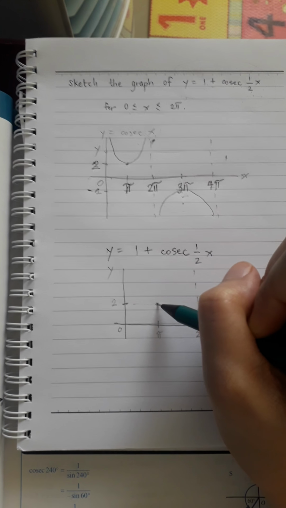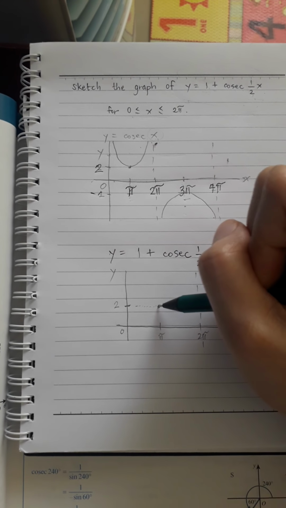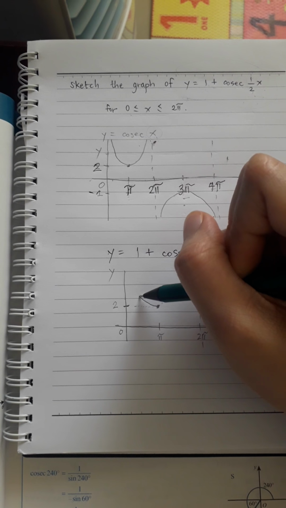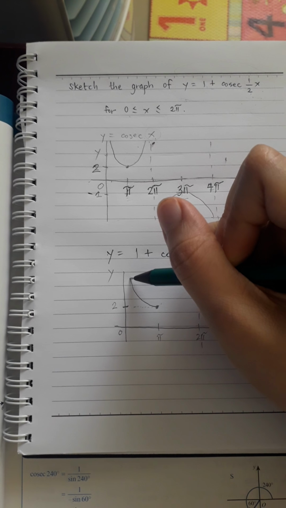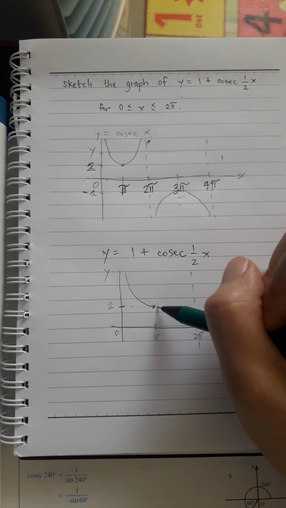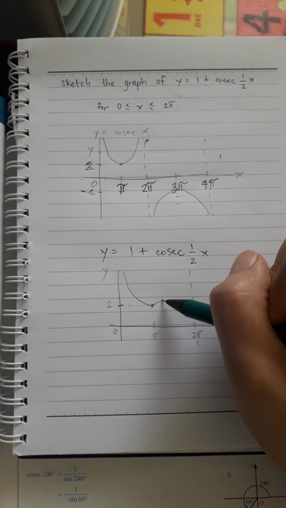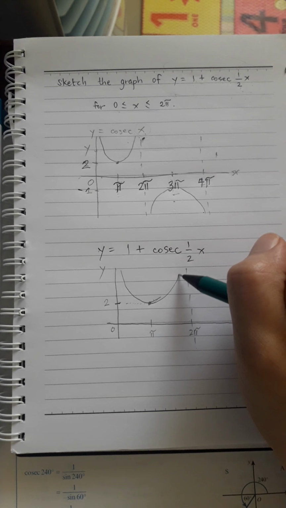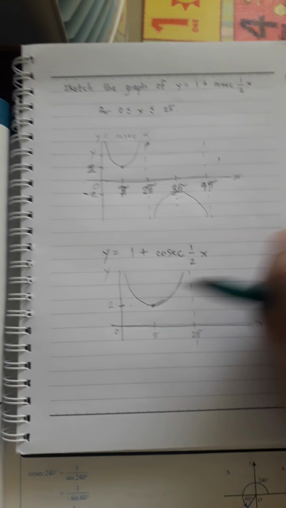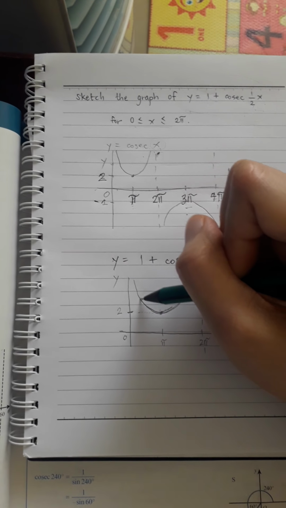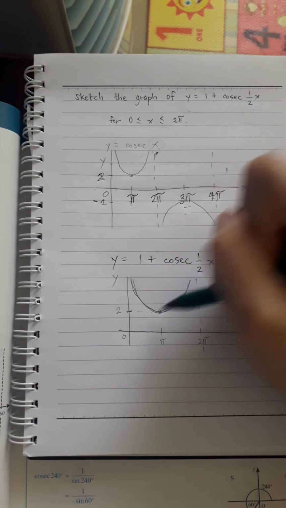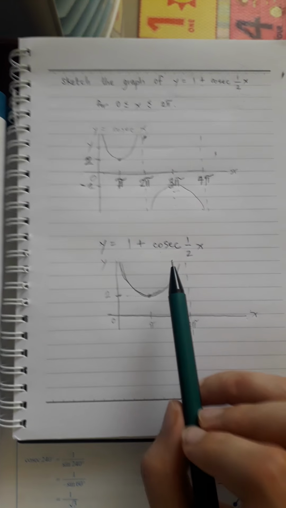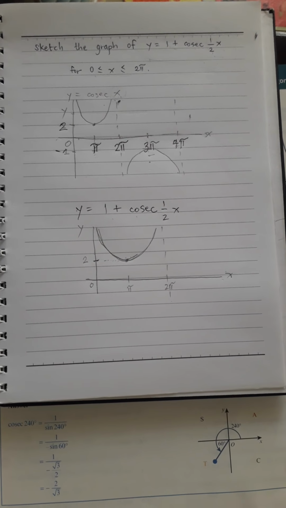So again, this side of the curve will get closer to the y-axis but not intersecting it. This side of the graph will get closer to x equals 2 pi but not intersecting it. So this is the sketch for the graph of y equals 1 plus cosecant half x.